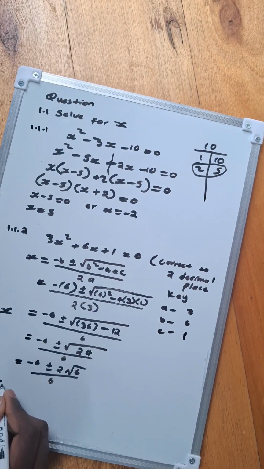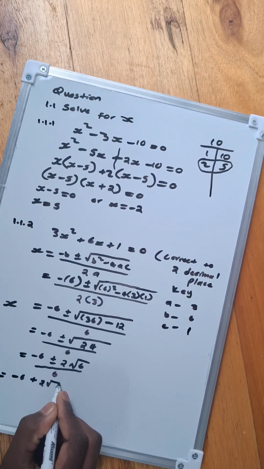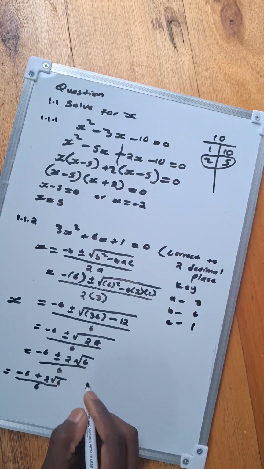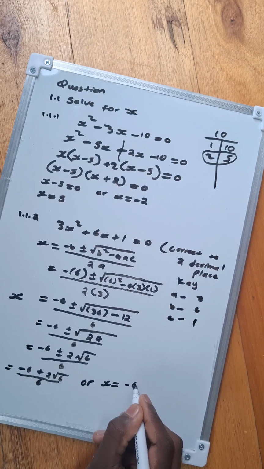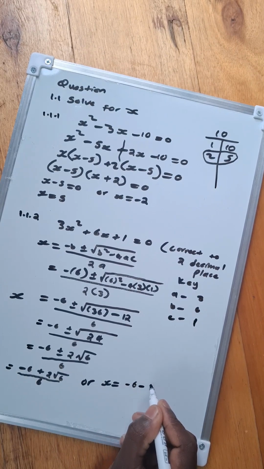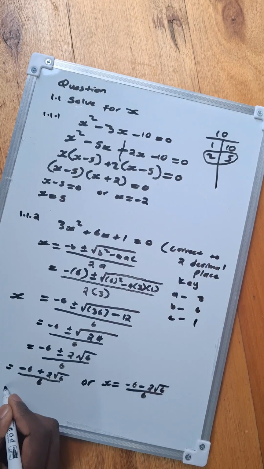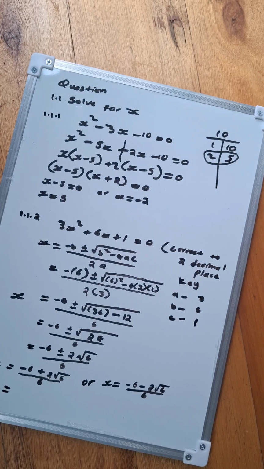Then my x is now equal to, I take the first as positive, 2 root 6 over 6, or my x will be minus 6, then take as minus, same procedure, same method. Then remember they said correct your answer to two decimal places, so this will be minus 6 plus 2√6 over 6.